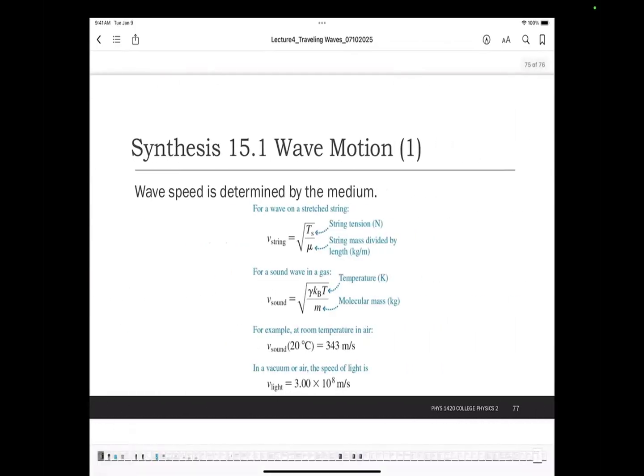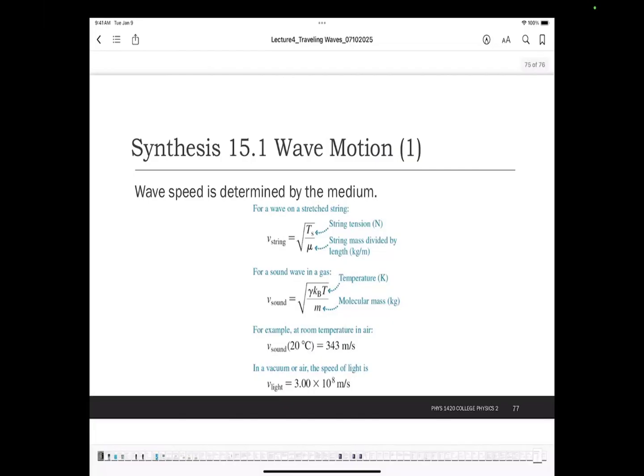Let's try to summarize what we learned in this class. Many things, am I right? But don't worry, we can summarize for you. Wave speed is determined by the medium.